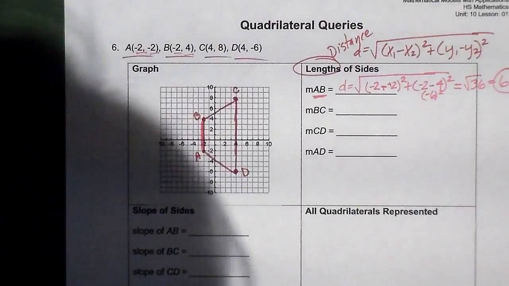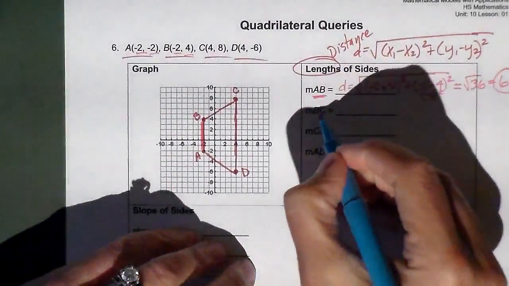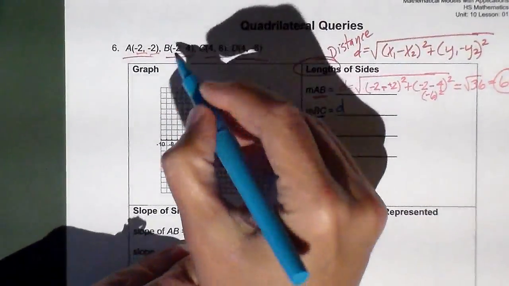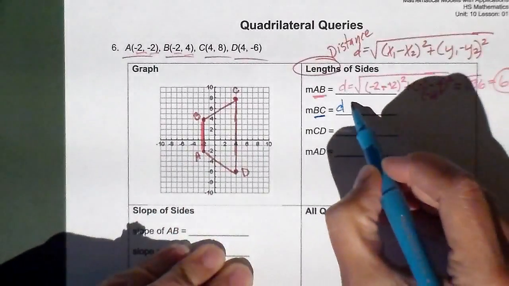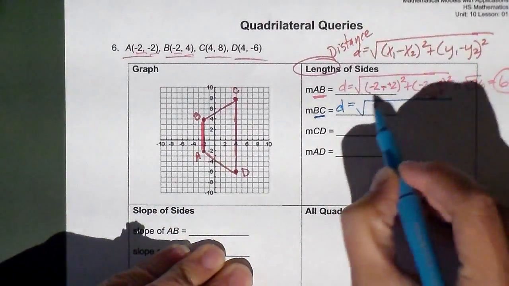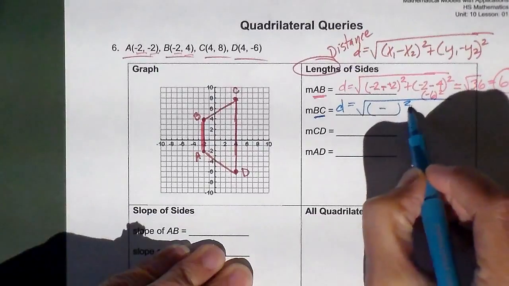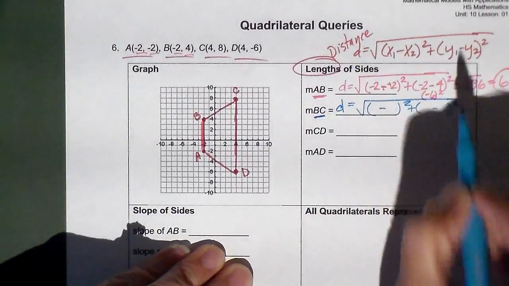Let's look at BC. I'm looking at B and C, and I always write the formula first and then plug in.